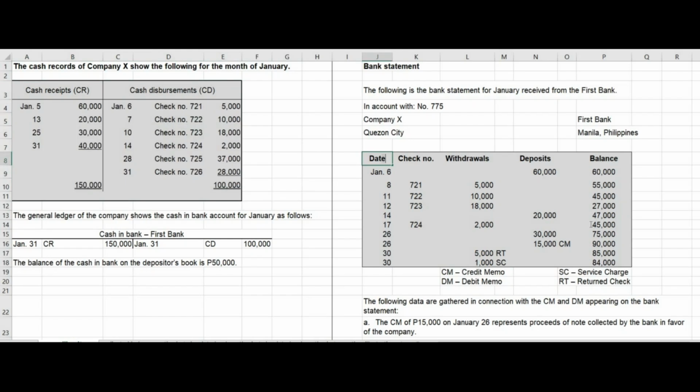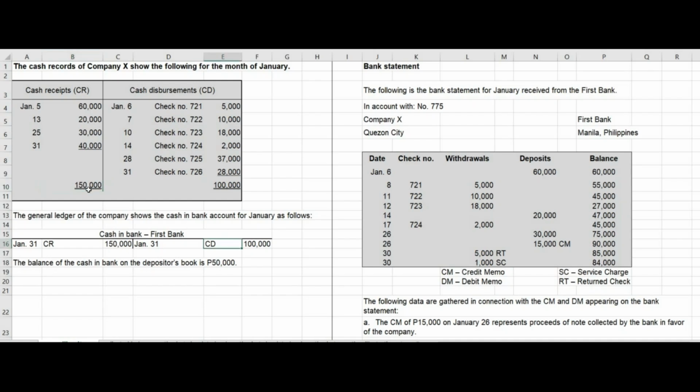Ito naman yung detalye ng ating bank statement. So if you are to look into the balance, yung open balance ng cash in bank natin sa records ng company, so that would be your total receipts minus your total disbursements, or your total debits minus your total credits.